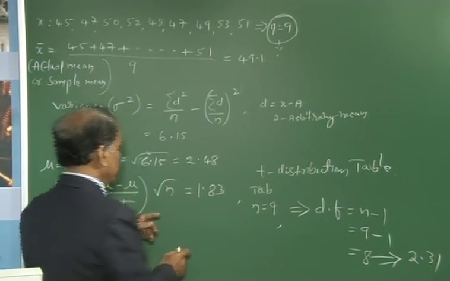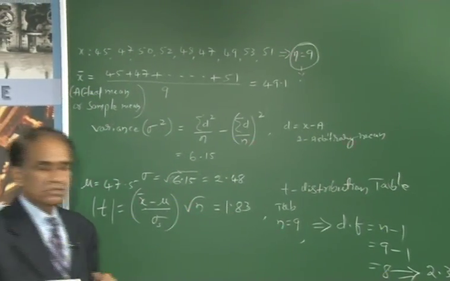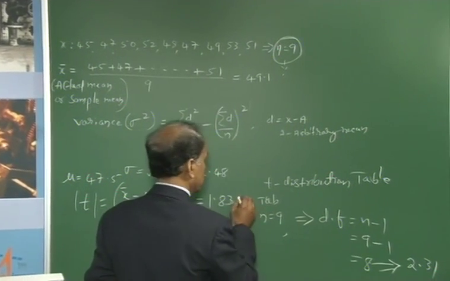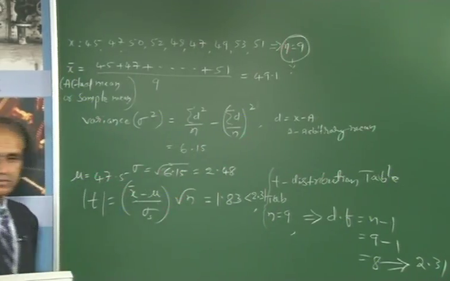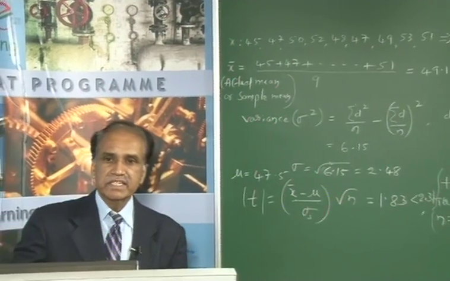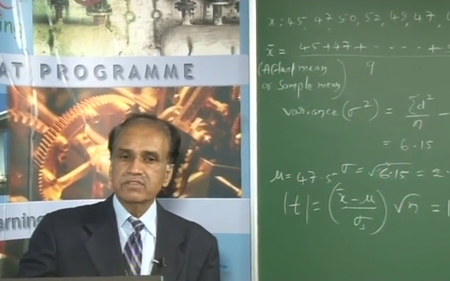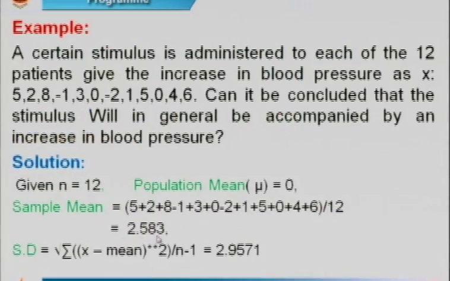Now actual calculation is 1.83 and table value gives 2.31, so it should be less than 2.31, that is table value. Then what is our conclusion? This implies that the value of t is significant at 5% level of significance. That means this value of t is at 0.05. Then the test provides evidence against the population mean being 47.5. That means that concept may be concluded in that way.